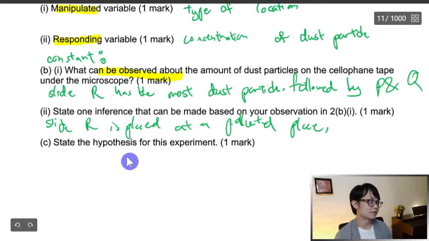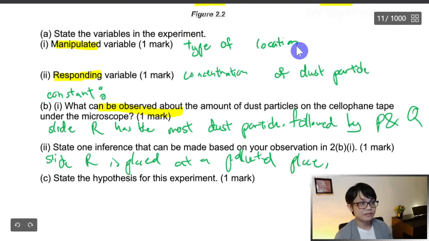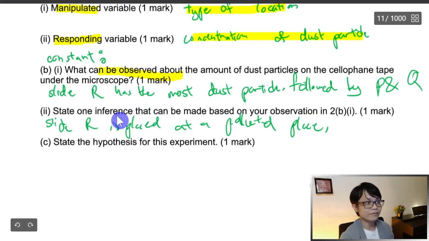State 1 hypothesis. What are the hypotheses in the experiment? So for the hypothesis, we look at the manipulated variable and the responding variable. For example, the marking scheme says the higher the air pollution in the location, the more dust particles it will collect.